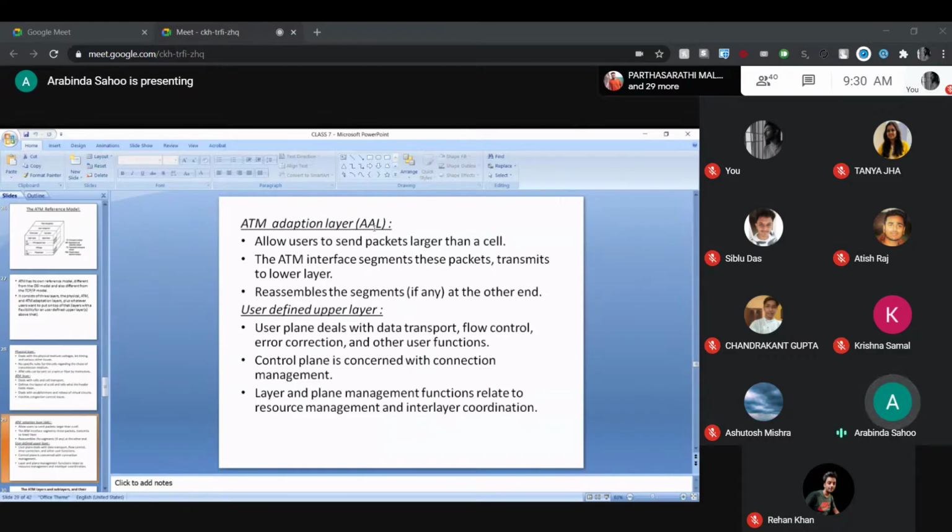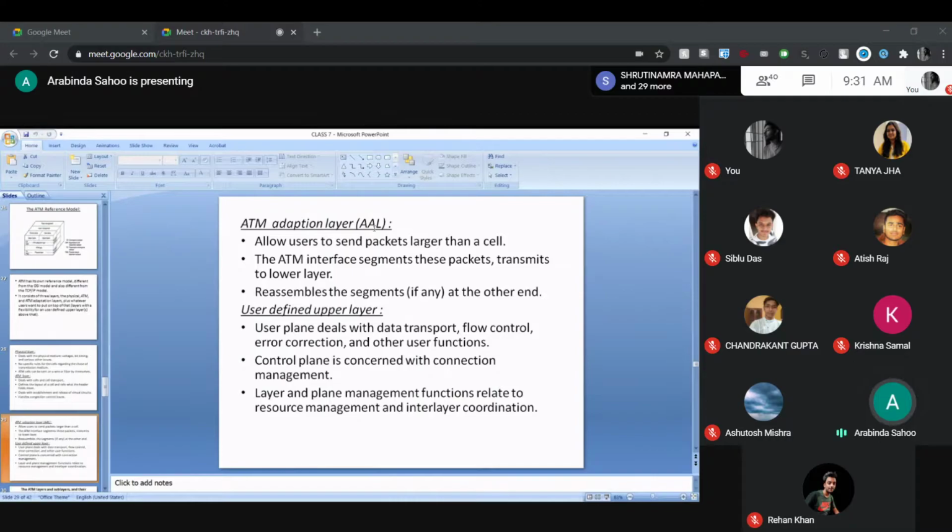We know the ATM cell size is 53 bytes. But the function of your ATM adaptation layer, depending upon the application, is to frame the cells, which may be larger than the normal size of your cell.